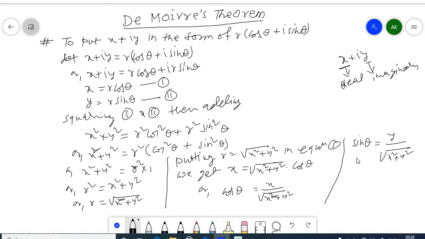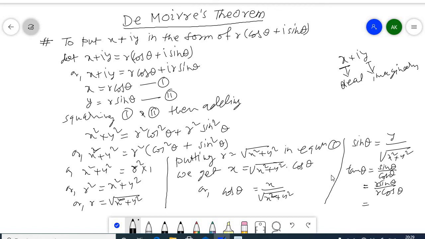And what will be the value of tan theta? Tan theta means sin theta divided by cos theta. If we multiply small r in numerator and denominator, what will we get? We get r sin theta divided by r cos theta.